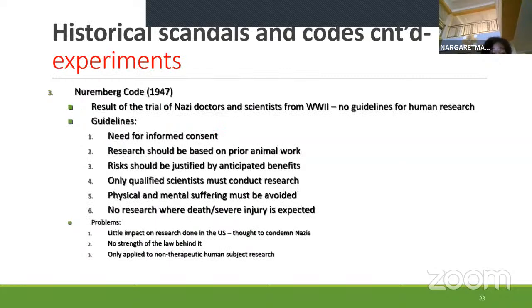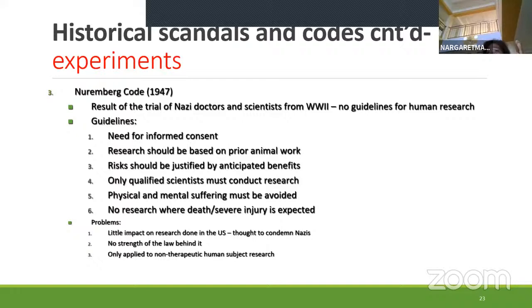The Nuremberg Code, as mentioned earlier: the Nazi doctors and scientists had no guideline for human research, which led to the need for informed consent. And research should be based on prior animal work, which is being done now.